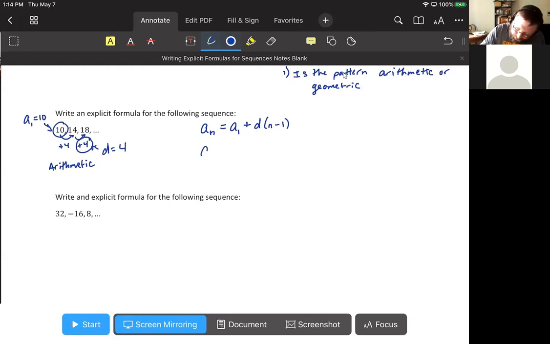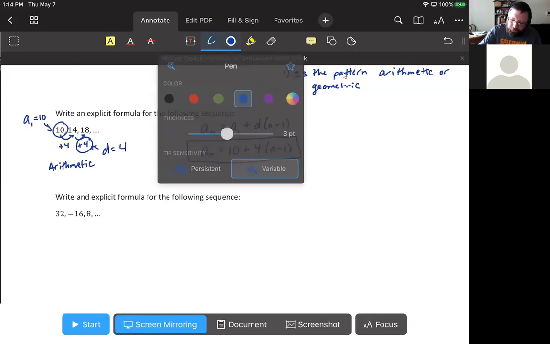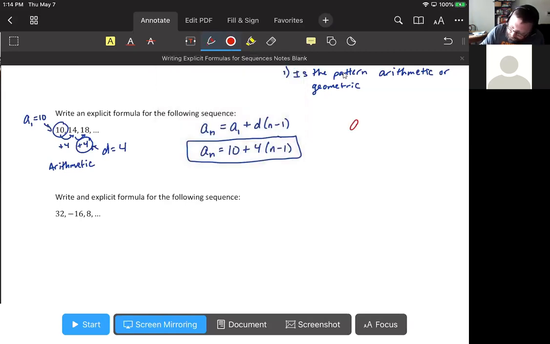So all we have to do is plug those values in. 10 plus 4 times n minus 1. Delta Math will take that as the explicit formula. Now with arithmetic sequences, you could simplify that. You could distribute the 4 and then combine like terms. This is an alternate form, which is also fully acceptable.